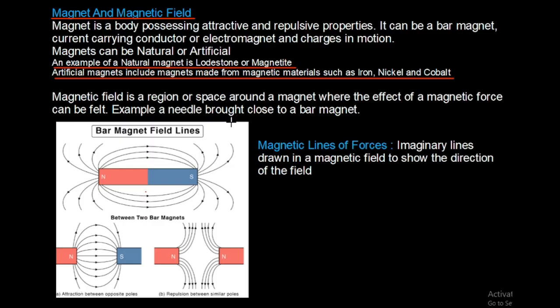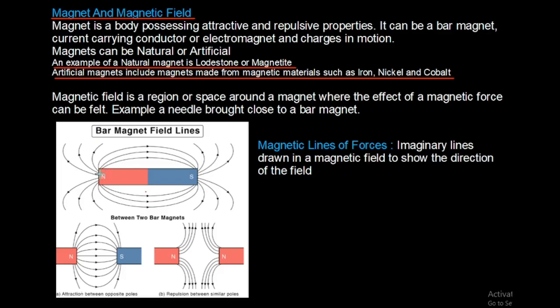So that's to say every magnet usually creates a field around it, and to describe that field we make use of what we call magnetic lines of forces. You can see here we have a bar magnet which has the north pole and the south pole. Every magnet is dipolar. They will always have a north pole and a south pole. So you can see what the field looks like.